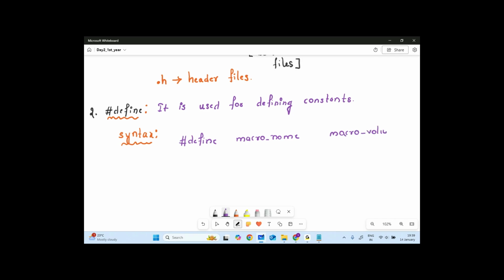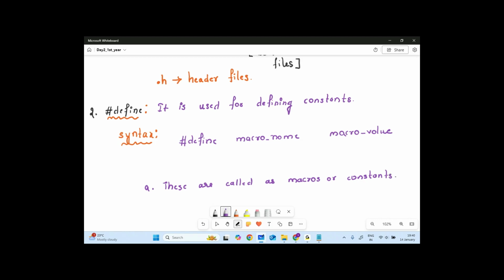Here first of all we need to understand that these are called macros or constants.